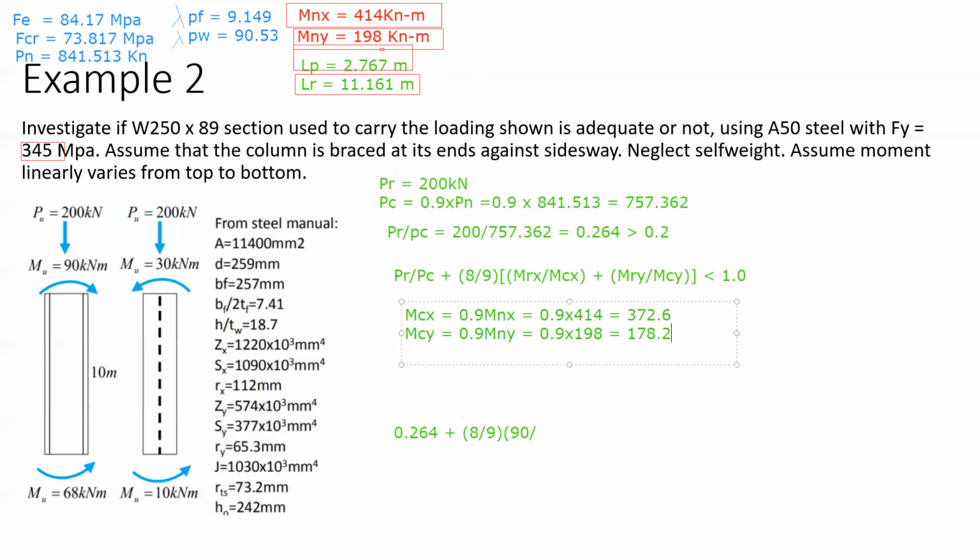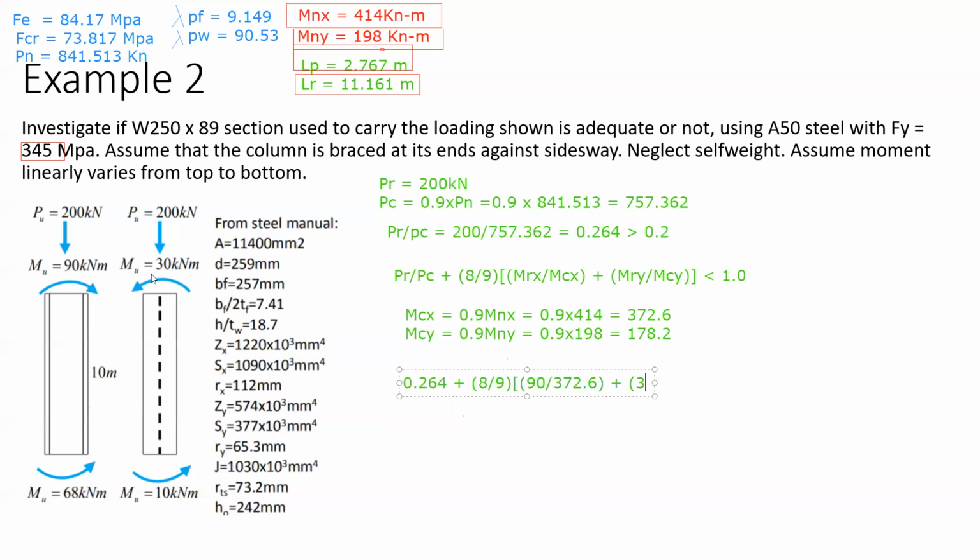Okay, so directly into our formula. We have PR over PC, that's 0.264 times 8 over 9 times MRX, your maximum moment along the x-axis, which is why we used 90, over MCX, that is 372.6. Plus 30, that is MRY, your maximum along the minor axis, taken from 30 kilonewton here.